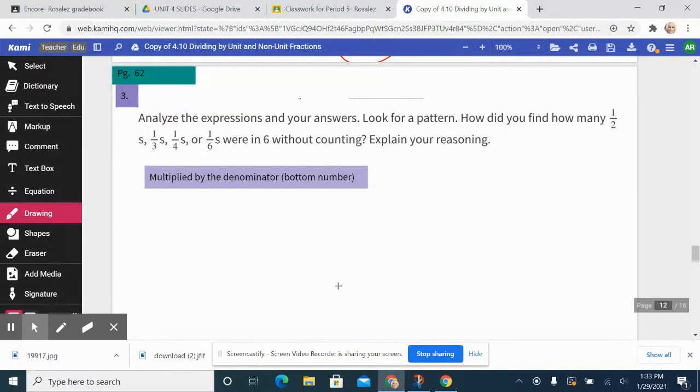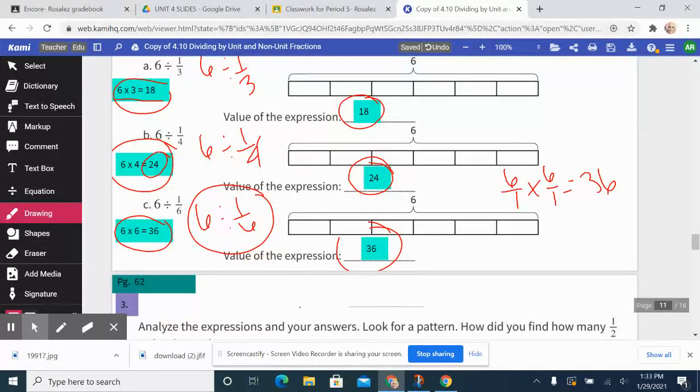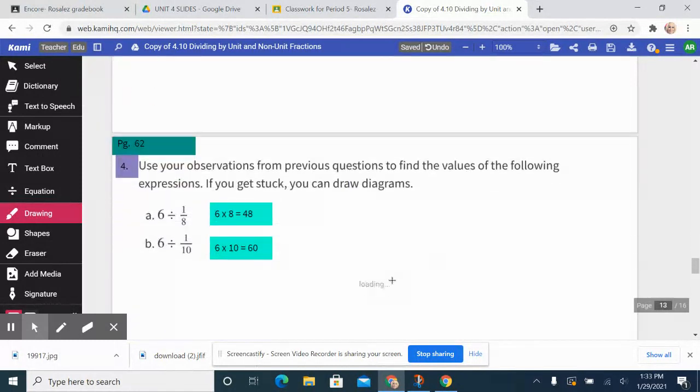And the bottom line is you multiplied by the denominator. So let me show you up here. When I have this 6 and 1/4, technically speaking, I just multiplied 6 and 4. So what you'll write for number 3 is we just multiplied by the denominator. That's the pattern. And again, this only works when we divide.